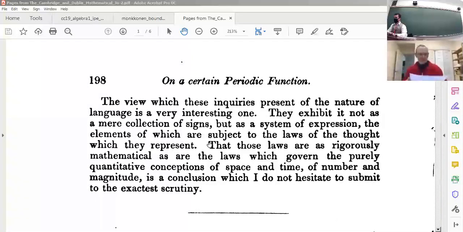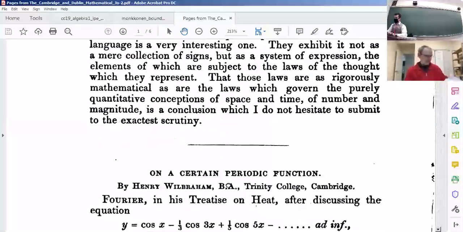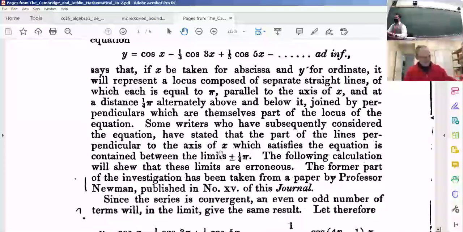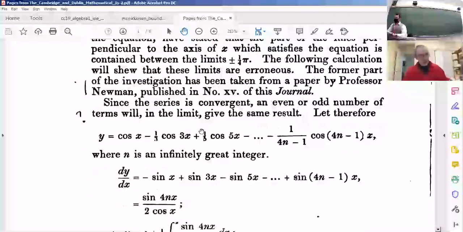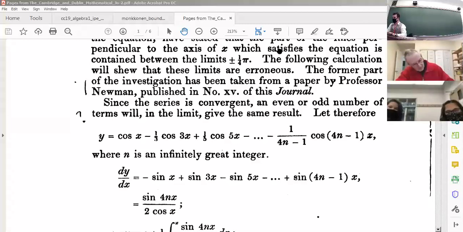So getting ourselves back oriented. So looking at this Wilbraham paper. Yeah, it has to pop up on my screen. Oh, there you go. Sometimes it takes a minute for the notification to come up.